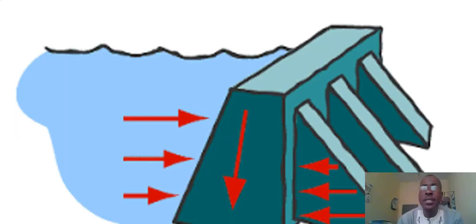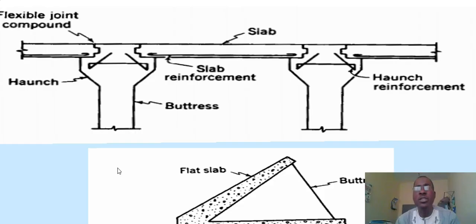So you can see the illustration of the buttress dam. These are designed to hold the hydraulic pressure and also to pin down the embankment against any failure or shaking in case of earthquake.